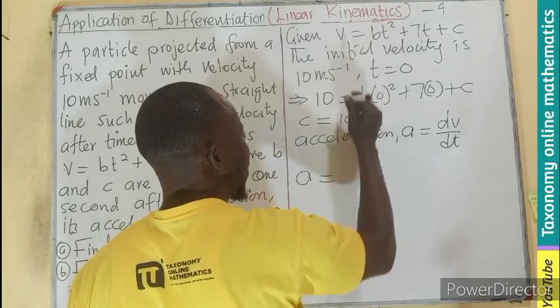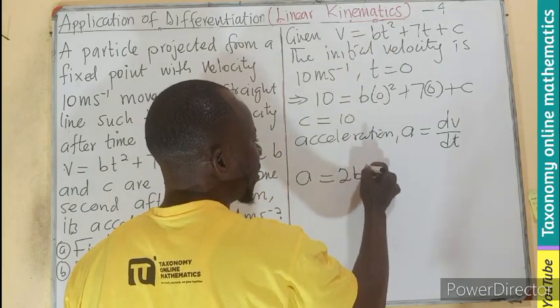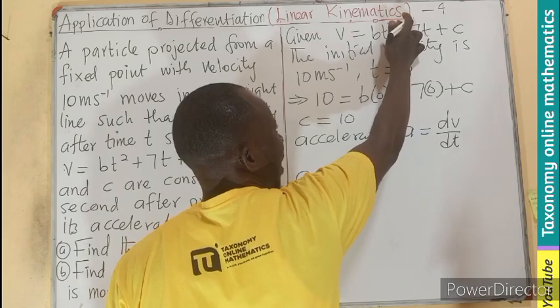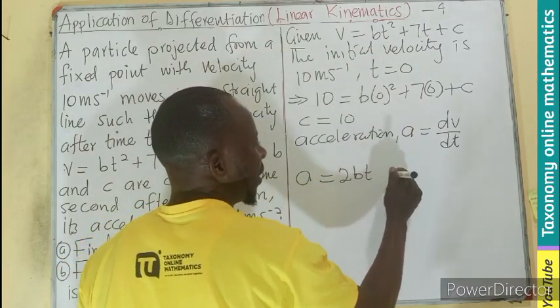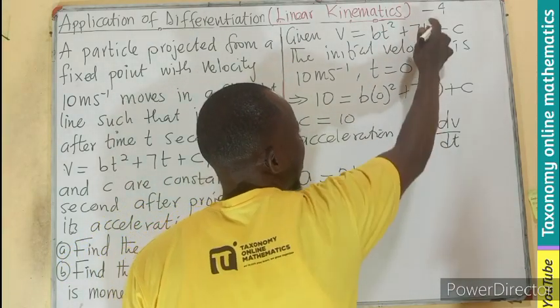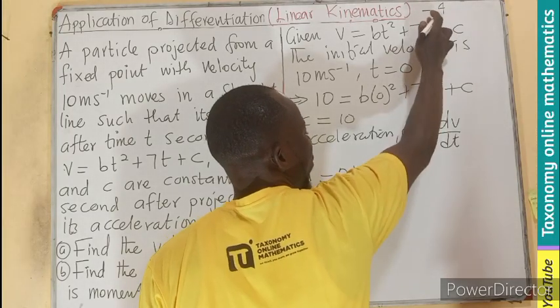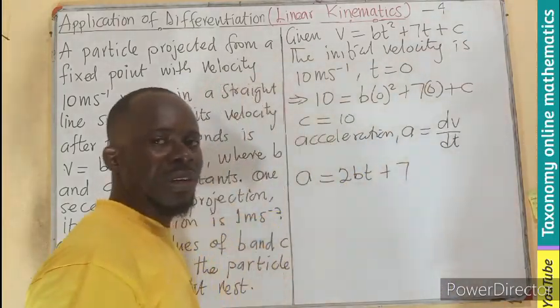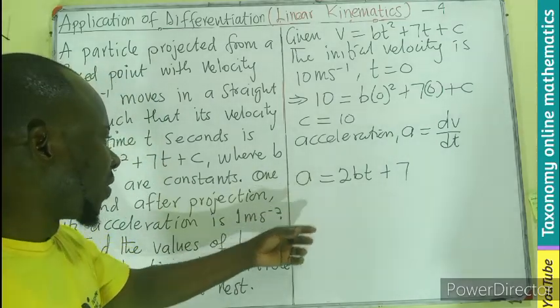So our a will now become the differentiation of v. If we differentiate, it becomes 2bt, since the variable has a power of 2, we subtract 1 from it, it gives you 1. Then 7t raised to the power 1 becomes 7, the constant gives 0. So we have this.